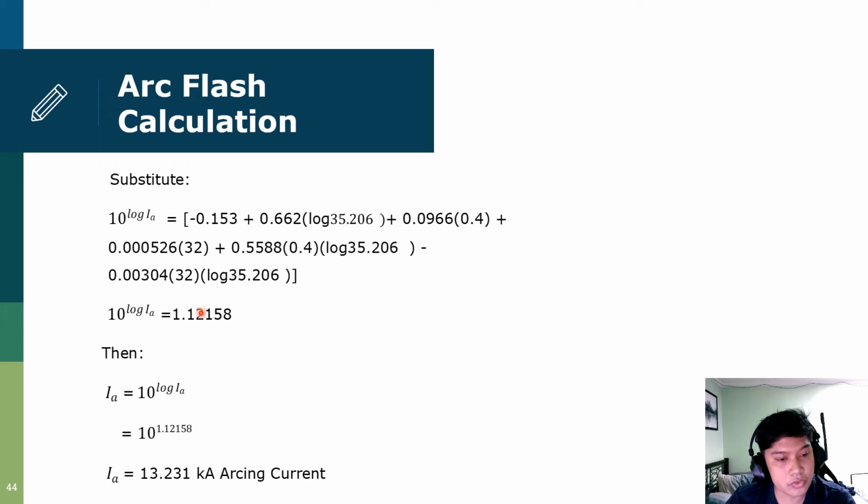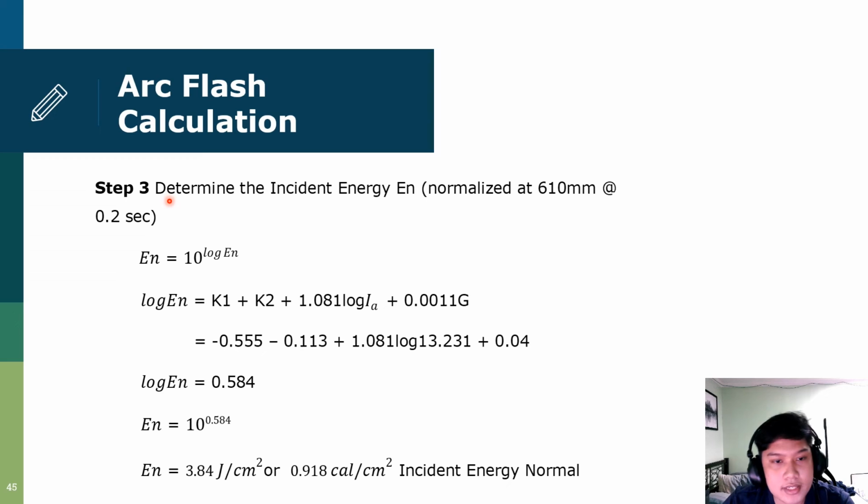Substituting this to the previous formula, which is this one, 10 raised to 1.12158. We got the arcing current of 13.231 kiloampere. In step 3, we determine the incident energy En. So this is the formula. The formula for log En is this one.